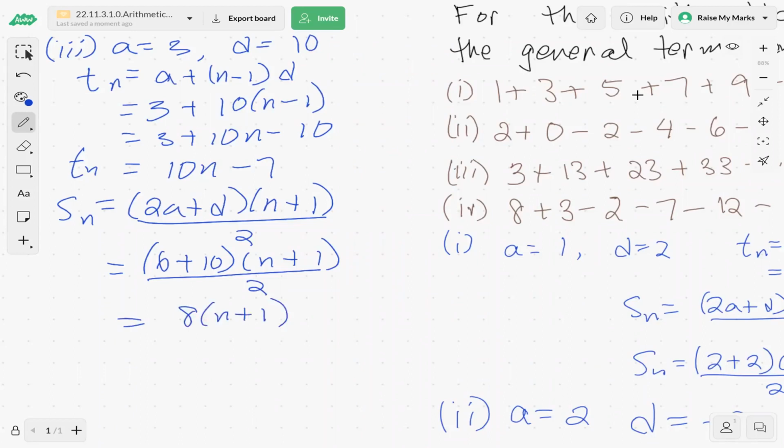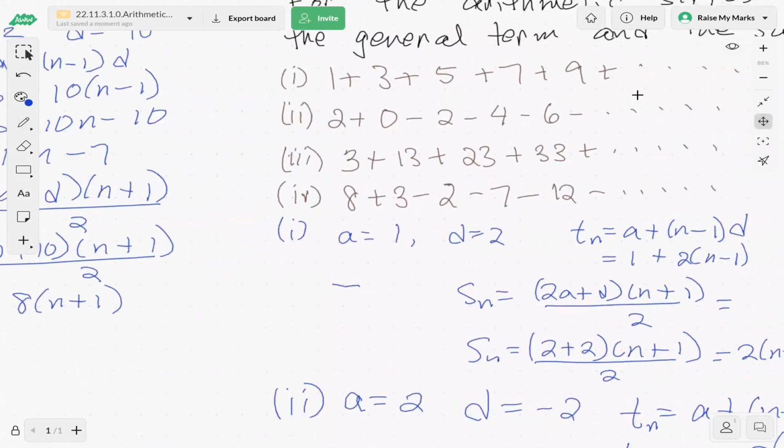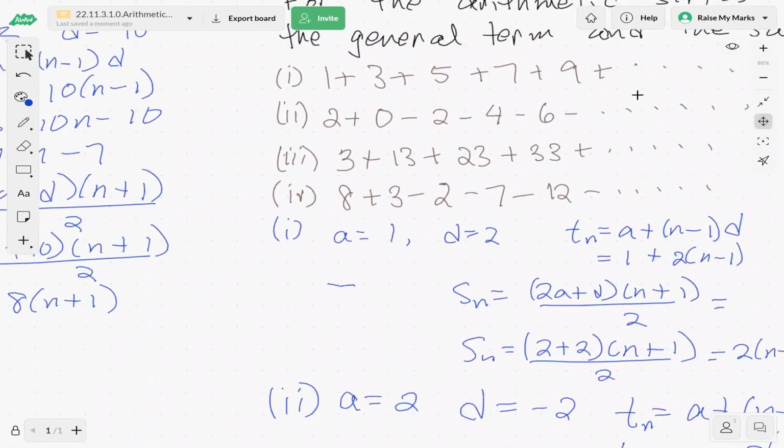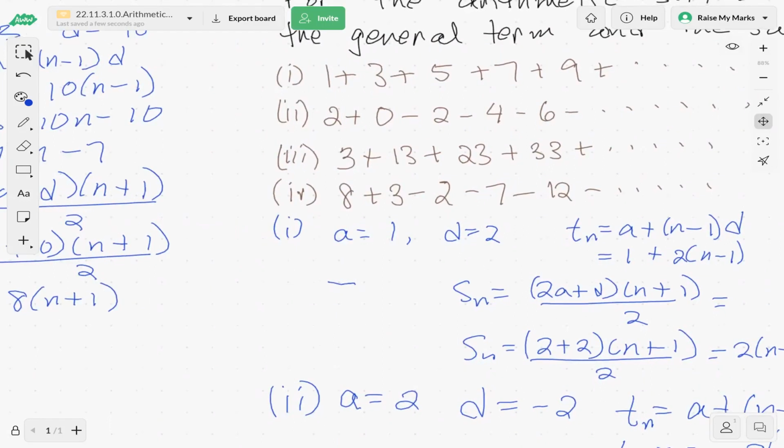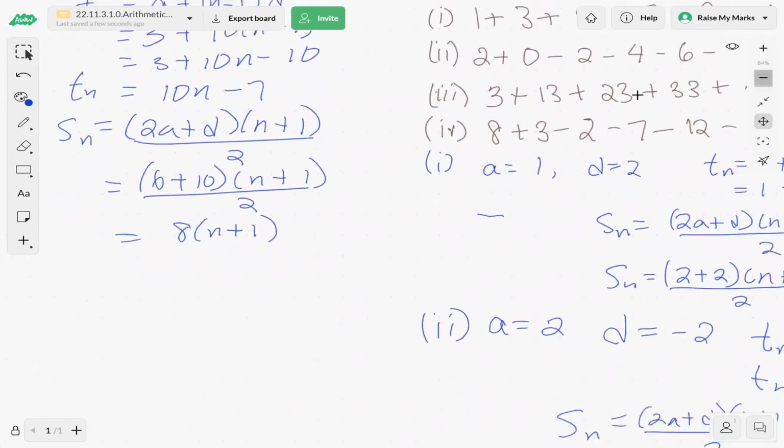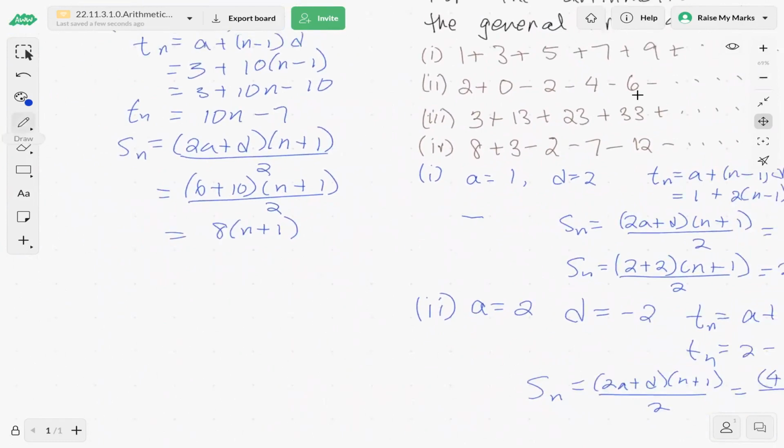And last one, our fourth series. Let's have a look at it. Okay, interesting: 8, 3, minus 2, minus 7, minus 12. Our initial term is 8. Our common difference is -5.